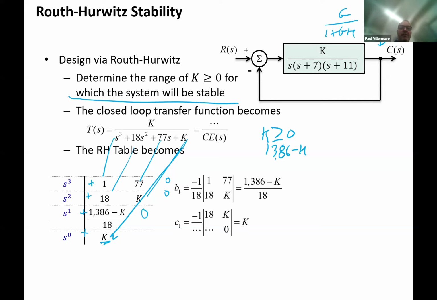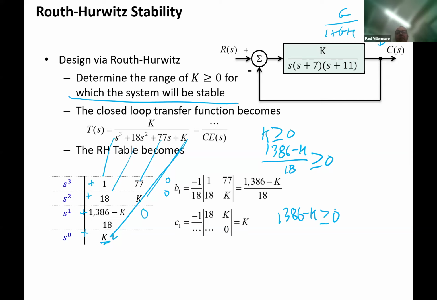1386 minus K divided by 18 also has to be greater than or equal to 0, doesn't it? Anybody know how to do the algebra for that? It's pretty easy. Multiply both sides by 18. Now, there's a couple ways you can do this. You can move the K to the other side.